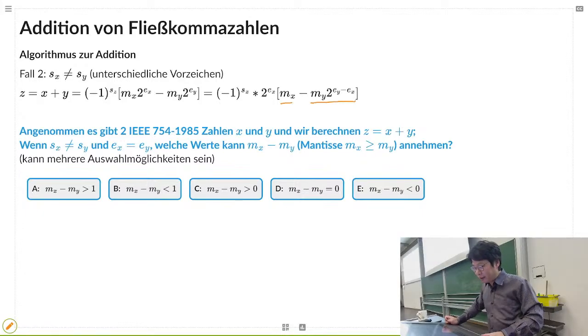Früher war es eine Addition von 2 Positivzahlen und jetzt ist es eine Subtraktion. Okay, wir machen gar nicht Subtraktion, sondern wir machen Addition später. Angenommen, es gibt 2 Zahlen, x und y, und wir müssen z aus x plus y berechnen. So, wenn sx nicht gleich sy ist und ex gleich ey, welche Werte kann mx minus my annehmen?